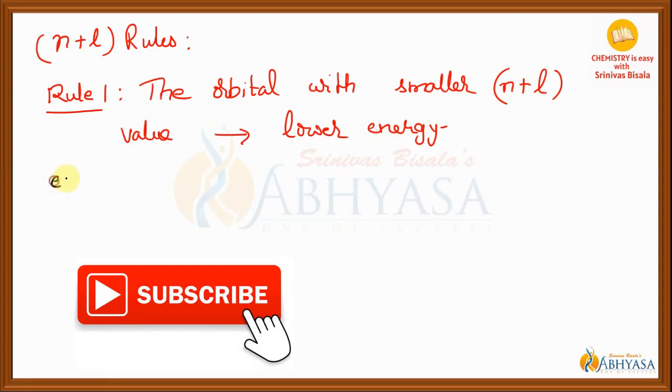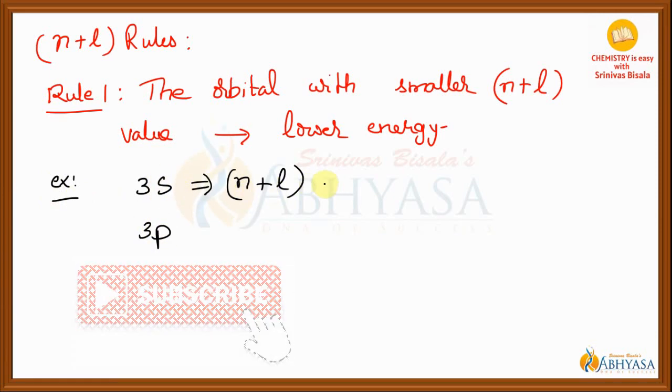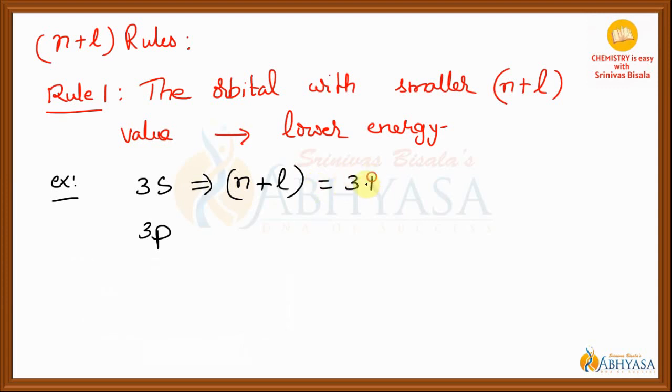Let me give an example for this. Suppose you compare the 3s orbital and the 3p orbital. The n plus L value for 3s is 3 plus 0, because the L value for s orbital is 0, for p orbital it is 1, for d orbital it is 2, and for f orbital it is 3.